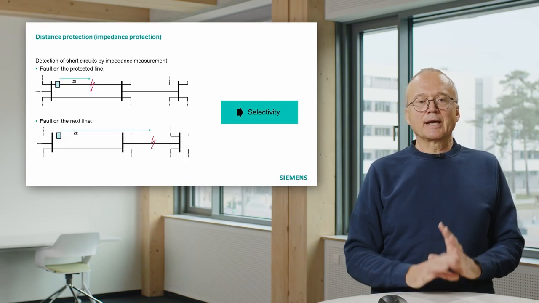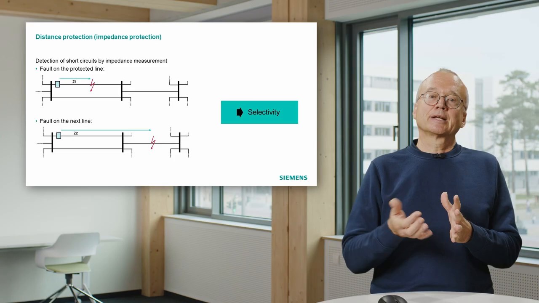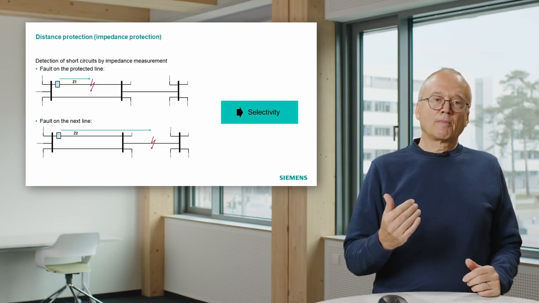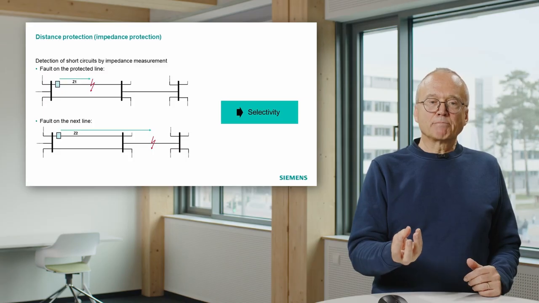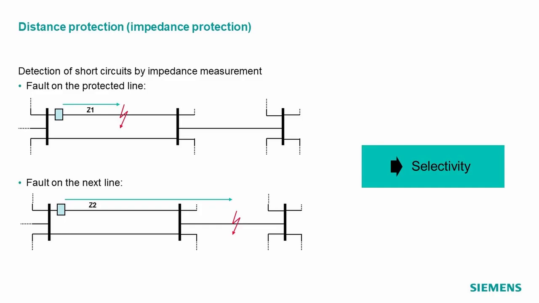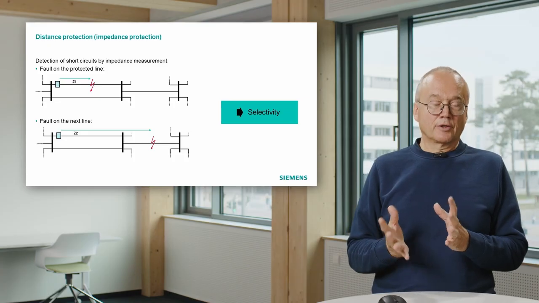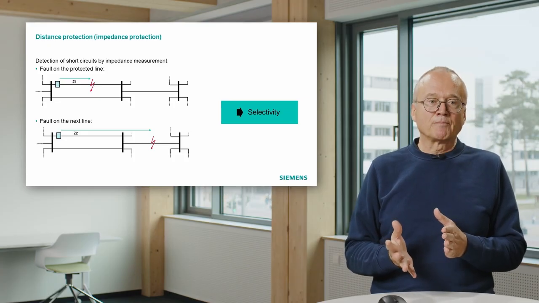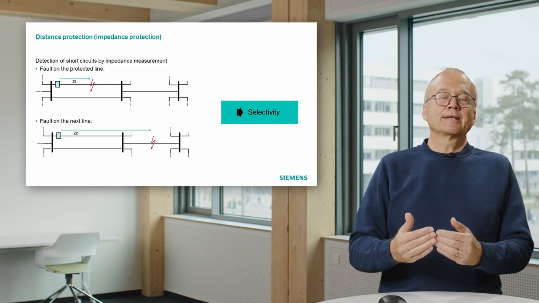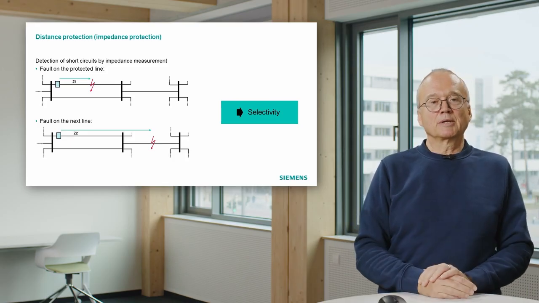This protection relay measures voltage and current and calculates the impedance. And now it compares the measured impedance with the impedance of the line. And based on this comparison, it can decide, like in the upper part, if the short circuit is on the line, the measured impedance from the relay to the fault is smaller than the impedance of the line.